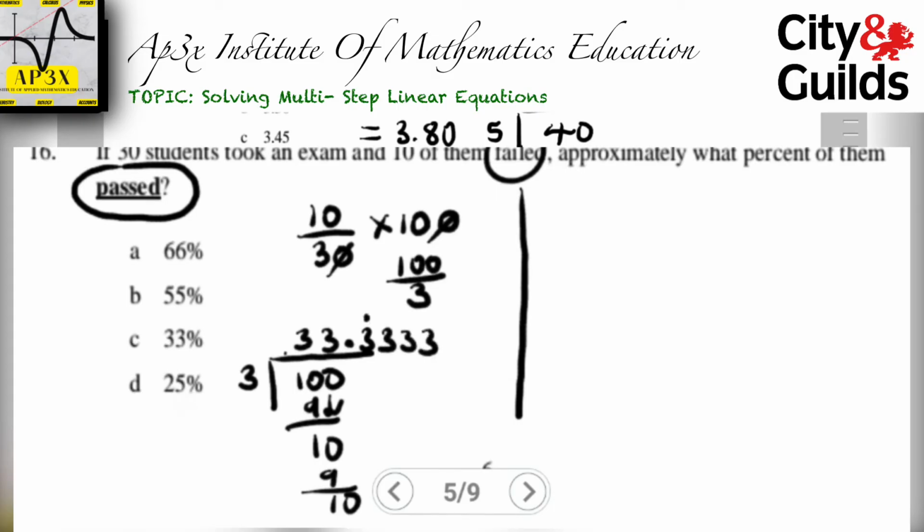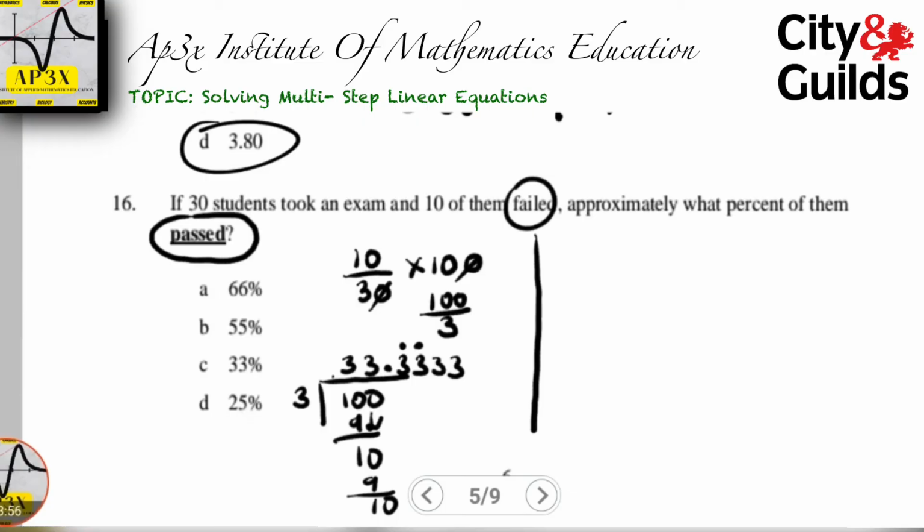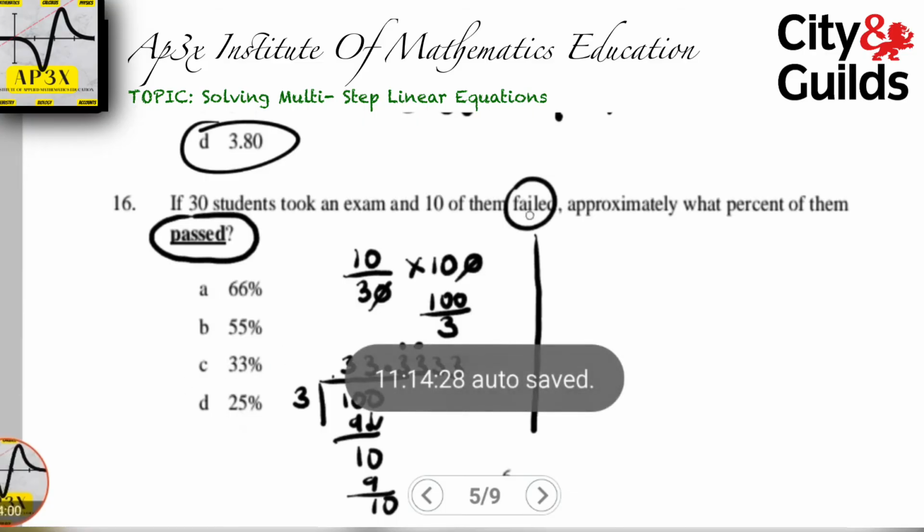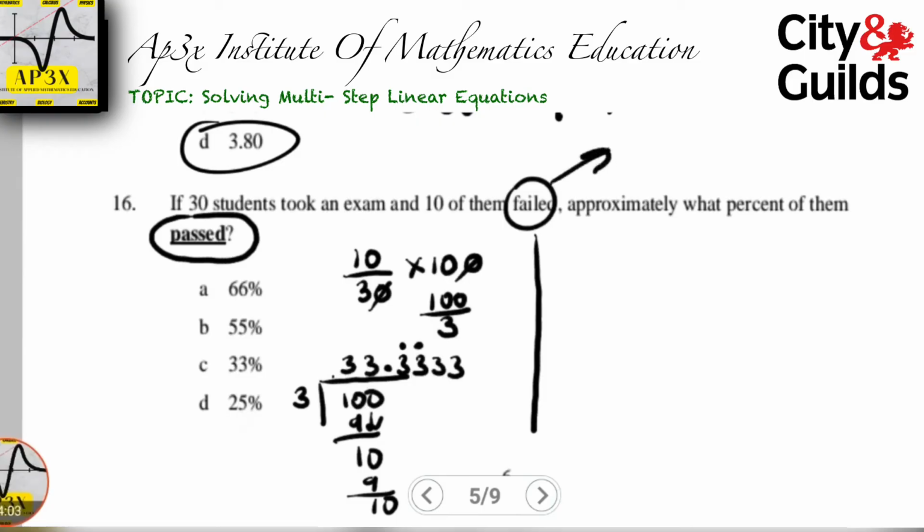So we just pretty much put a little dot here and see that the number is recurring. So 33.333333 is pretty much 33%. So this pretty much represents how many that failed. 33% failed. But the question says approximately what percent of them passed.